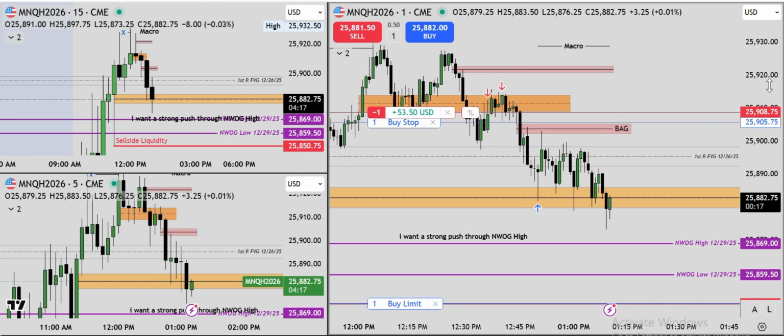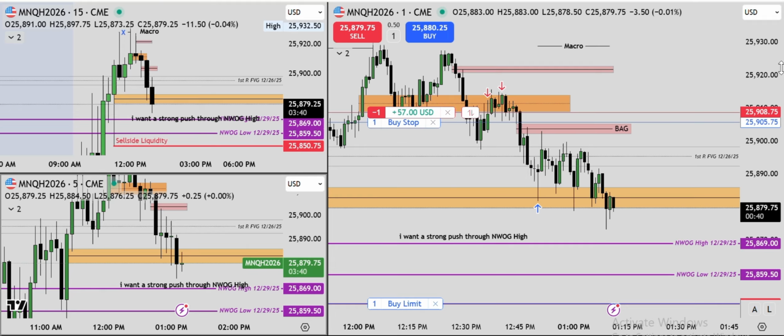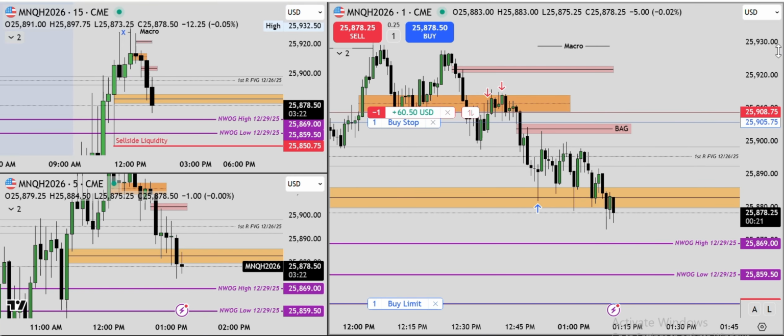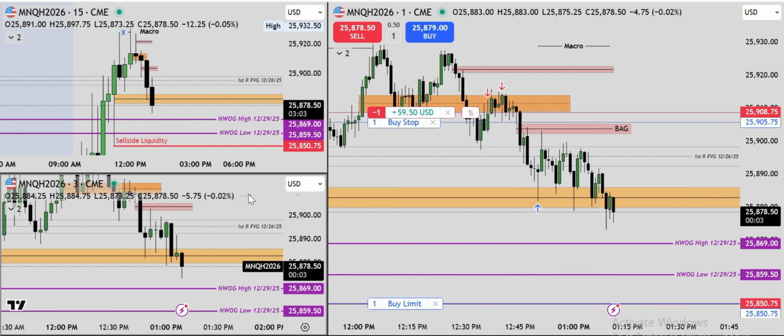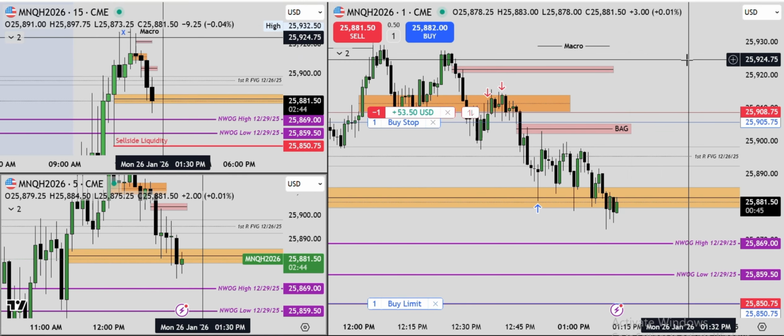And now I want it to continue to displace lower and reach into that new week opening gap. Another close below that gap, which is what I want to see.